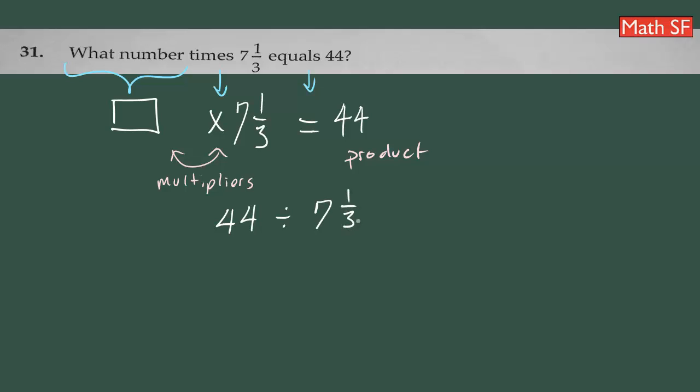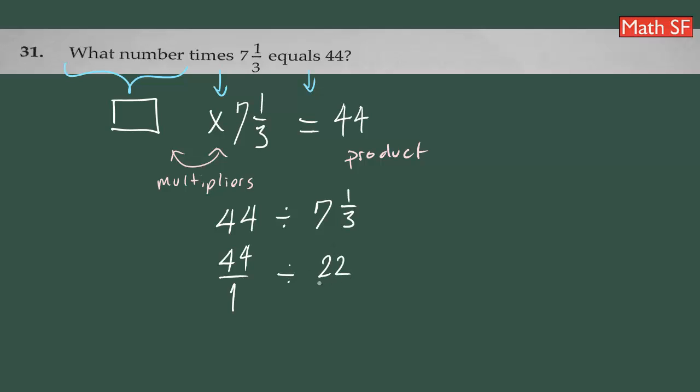Now, for us to divide fractions, we must change them into improper fractions. This mixed numeral, let's change it to an improper fraction. And this 44, let's make it a fraction by adding a 1 underneath. 3 times 7 is 21 plus 1 is 22. I'm sorry, here should be a division.